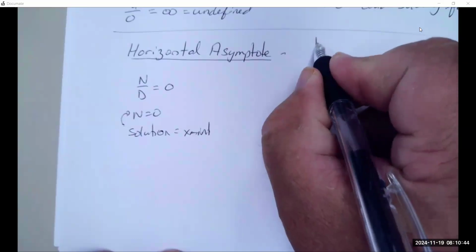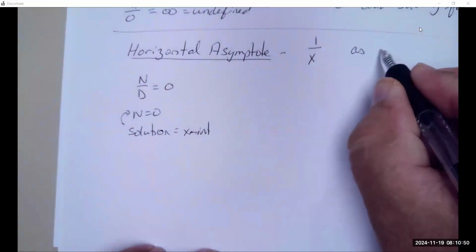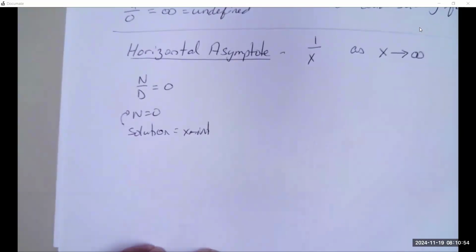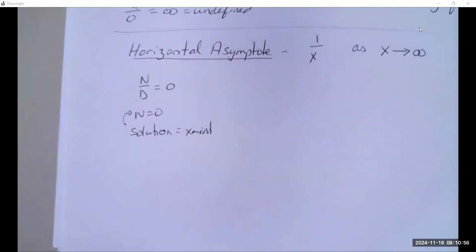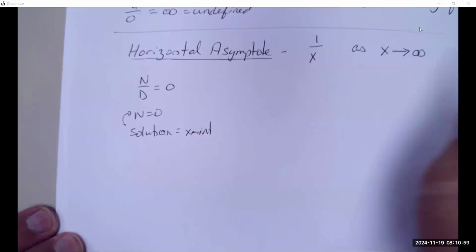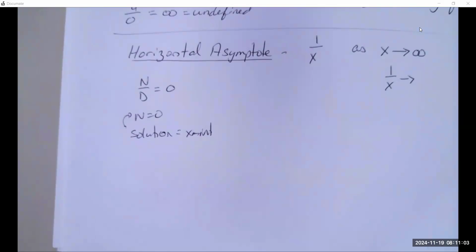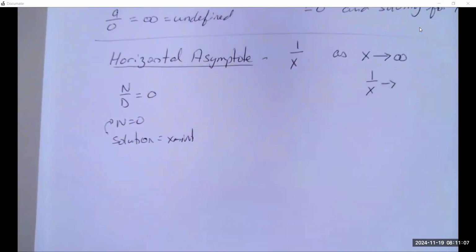If I give you this function here, 1 over x, as x goes to infinity, 1 over x goes to what value? As x goes to infinity, what does 1 over x equal?